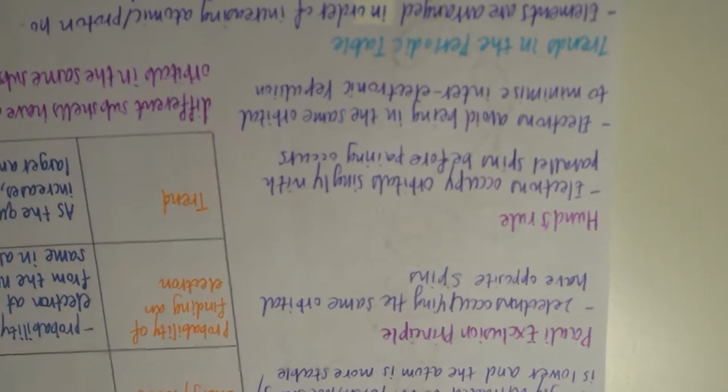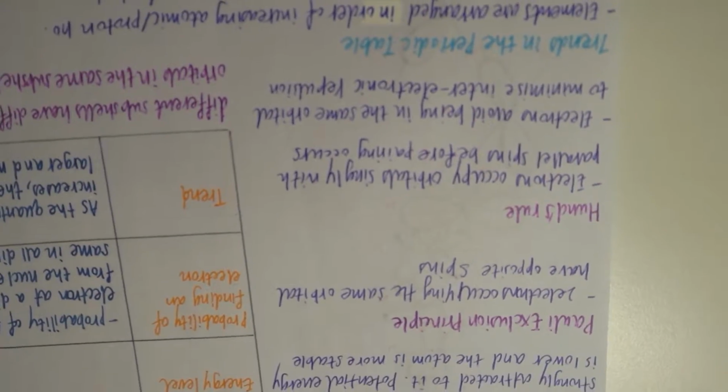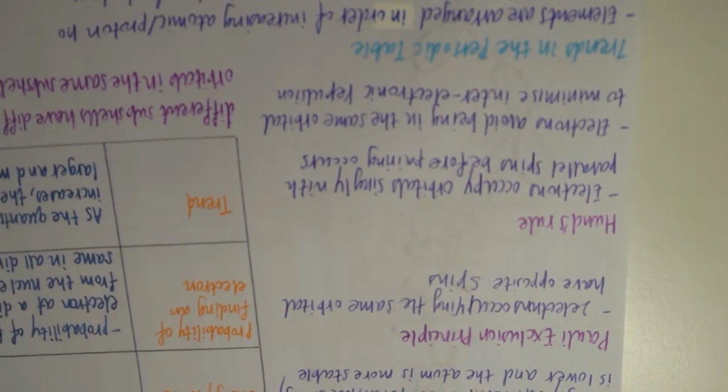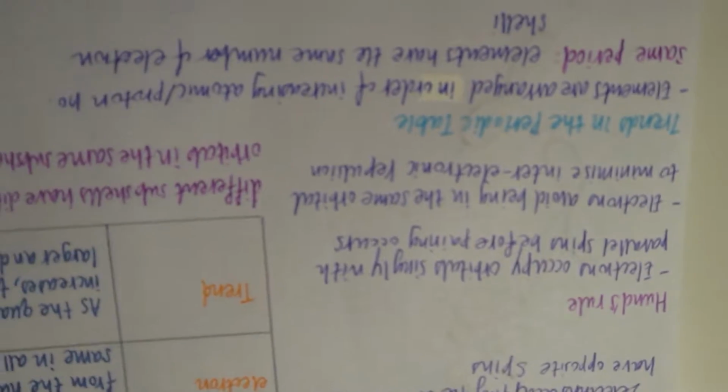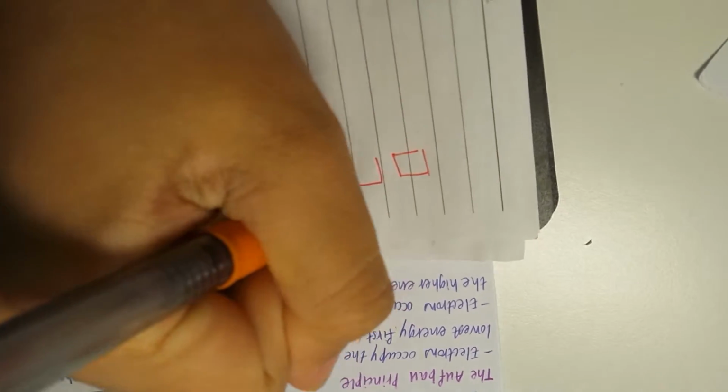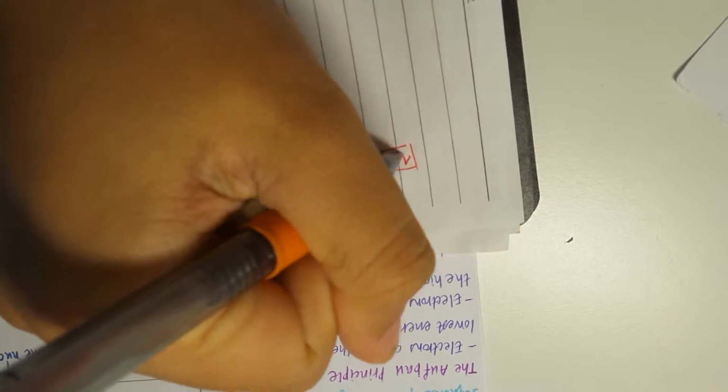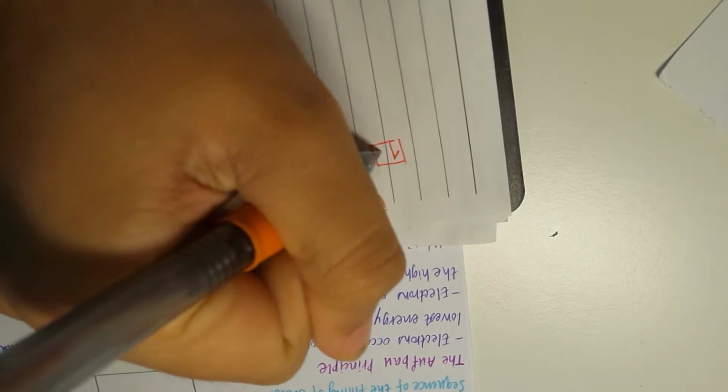The Pauli exclusion principle in this case is that two electrons occupying the same orbital have opposite spins, and this is basically represented this way. You draw it using squares. So they are singly filled first before pairing up.